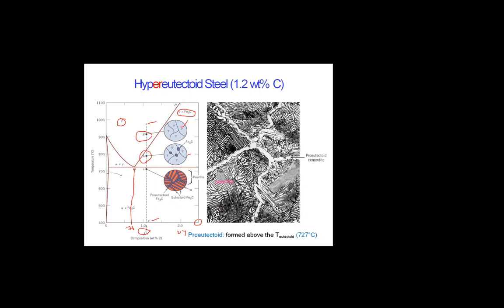At the points P and O, the composition of the austenite phase will move along the line PO toward the eutectoid. As you can see, that is P and that is O, and the transformation lies along this particular line.